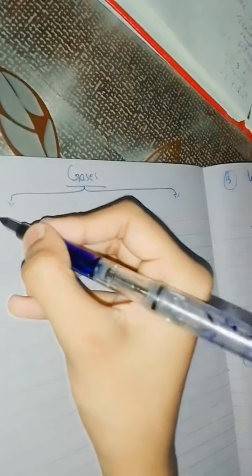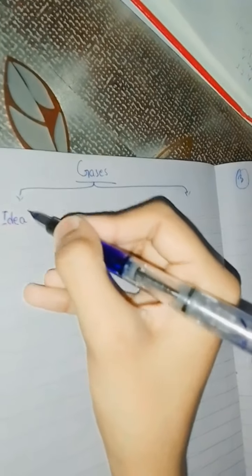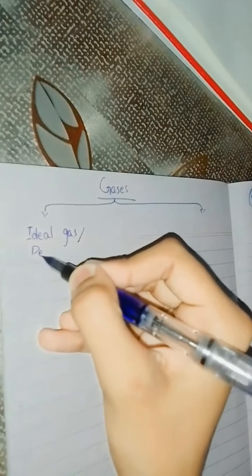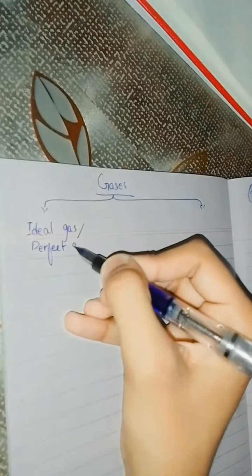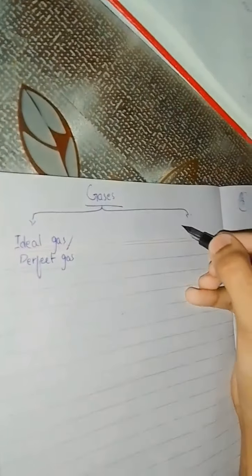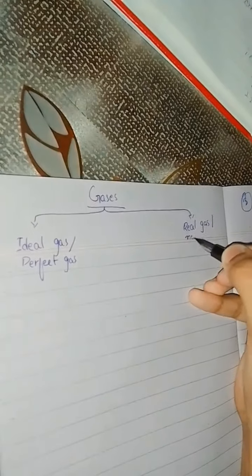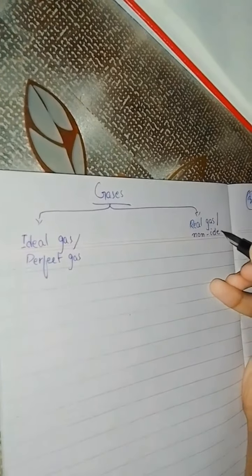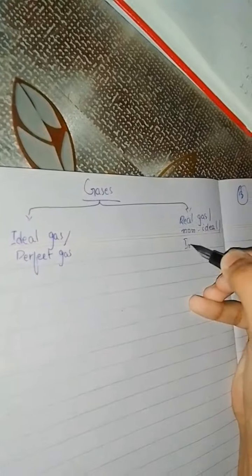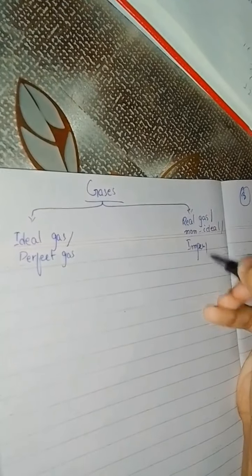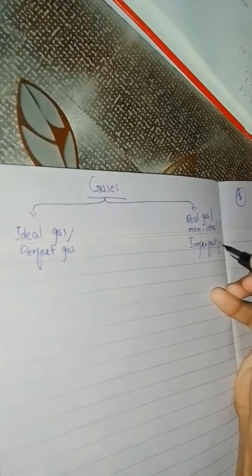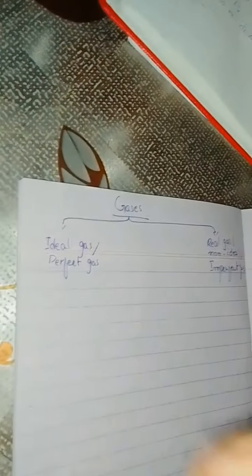First is the ideal gas, or we say a perfect gas, and second is the real gas, or we can say a non-ideal or imperfect gas. So these are the two gases: one is the ideal gas, and the second is the real, imperfect, or non-ideal gas.